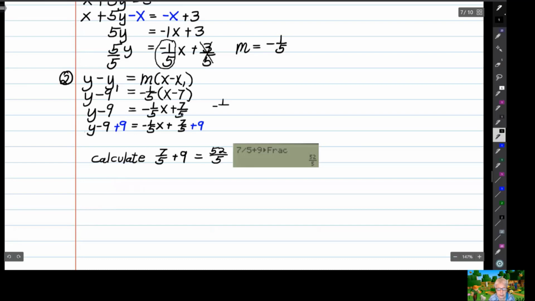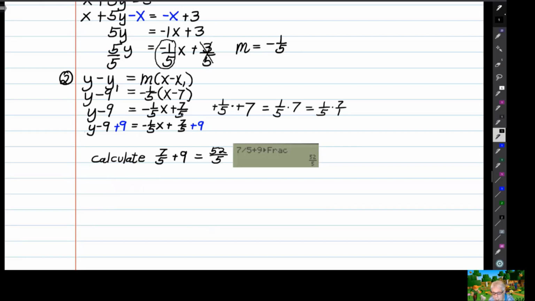Negative 1/5 times negative 7. Negative times negative is positive. So that will give me 1/5 times 7, which is exactly the same thing as 1/5 times 7/1, right? 7/1 and 7 are exactly the same thing.